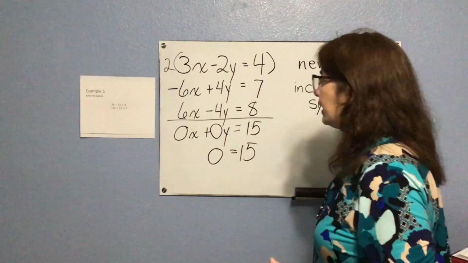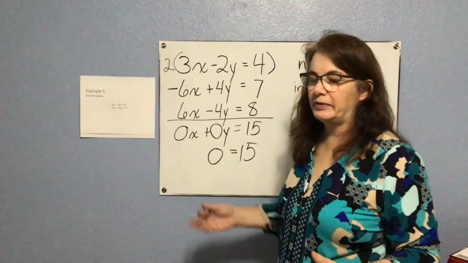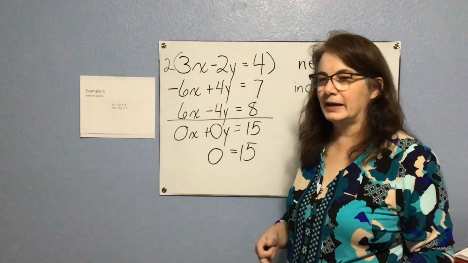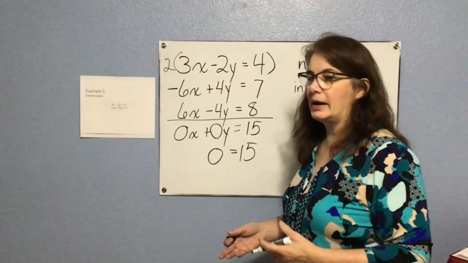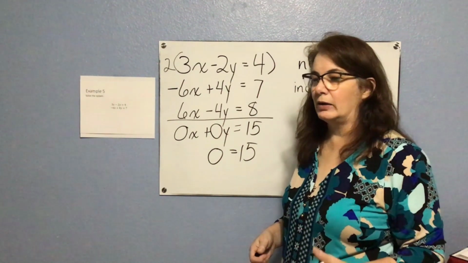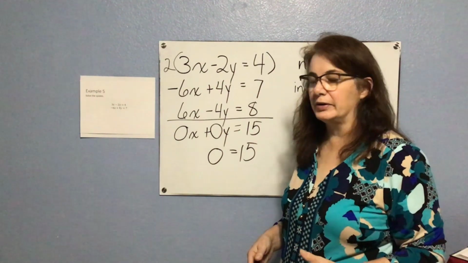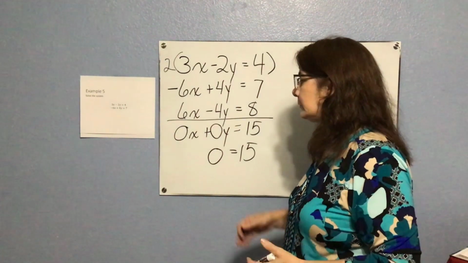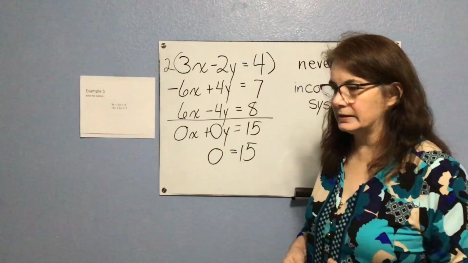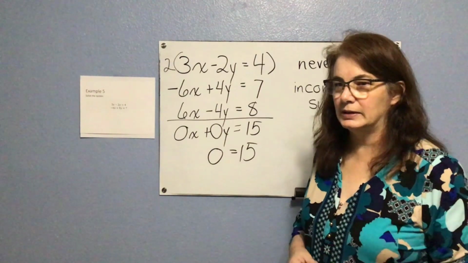And again, that means that whatever value I pick for x or for y, I'm not going to be able to get a corresponding value for the other variable. So this is an inconsistent system. There is no solution to it.